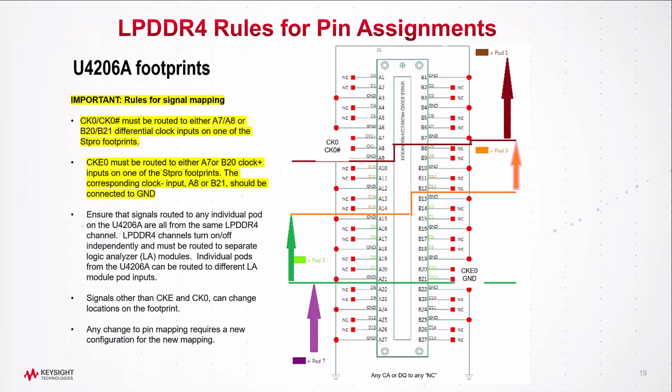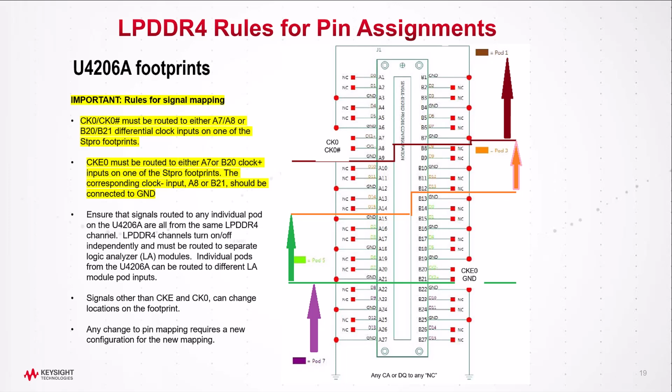For LPDDR4, the rules for pin assignments are similar to the LPDDR5, with the exception that LPDDR4 has a clock enable. Therefore, you will want your clock enable to go into a clock input. So pod 1 and pod 5 need to have signals from the same channel on them.